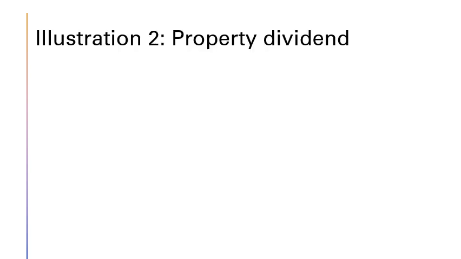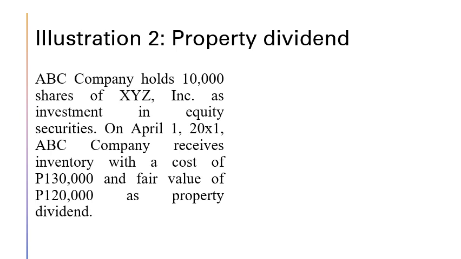For example, ABC Company holds 10,000 shares of XYZ Incorporated as investment in equity securities. On April 1, 20X1, ABC Company receives inventory with a cost of 130,000 and a fair value of 120,000 as property dividend.